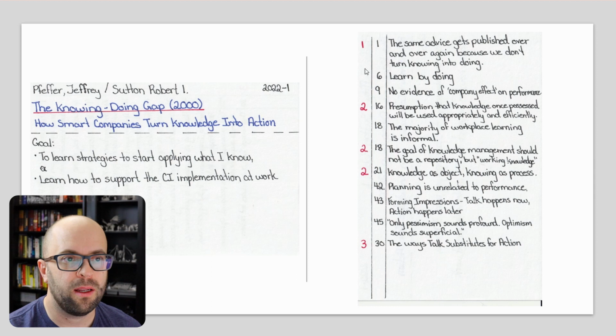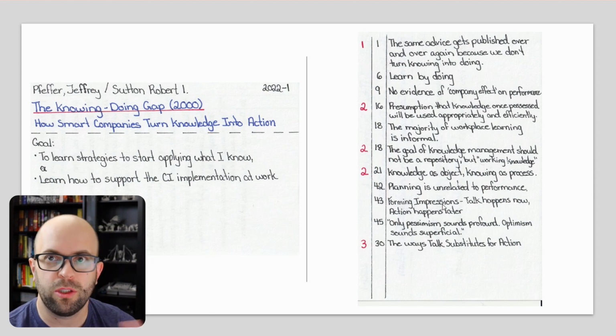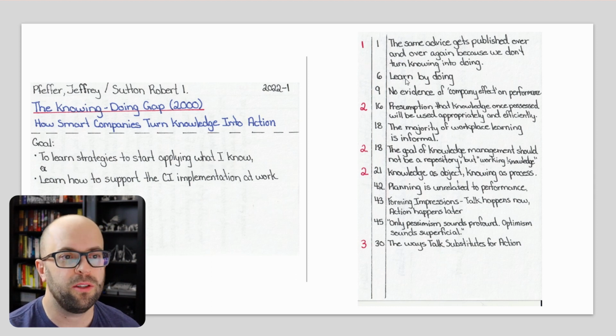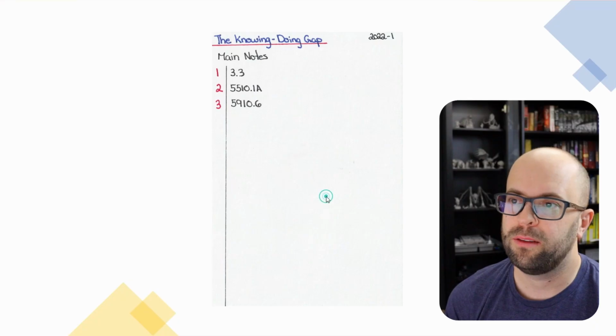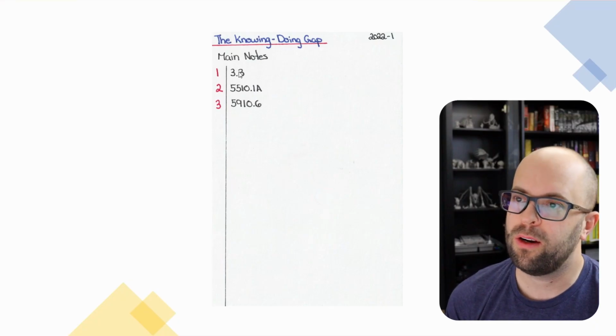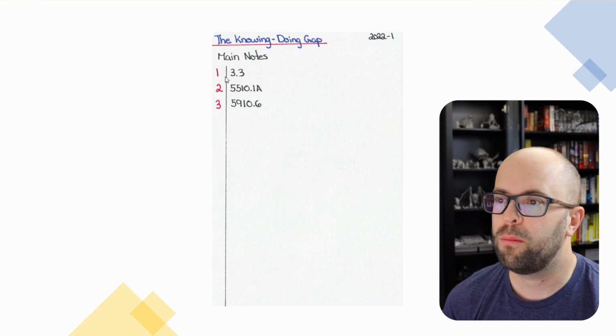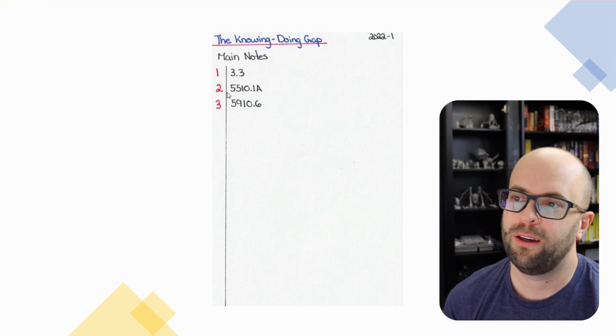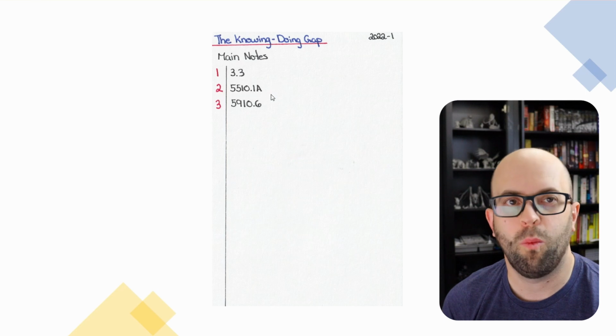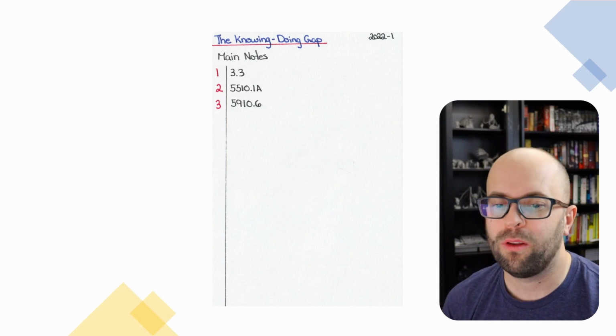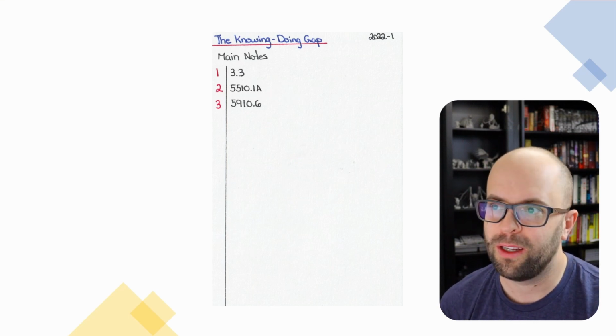So these red icons are going to be pointers to the main notes, and you can see here that there were 3 literature notes that I wanted to combine into a single main note. So I labeled them all as number 2, and then there's going to be a supporting card here that shows number 2 points to 5510.1a. That's the main note where all of these 2s are located.